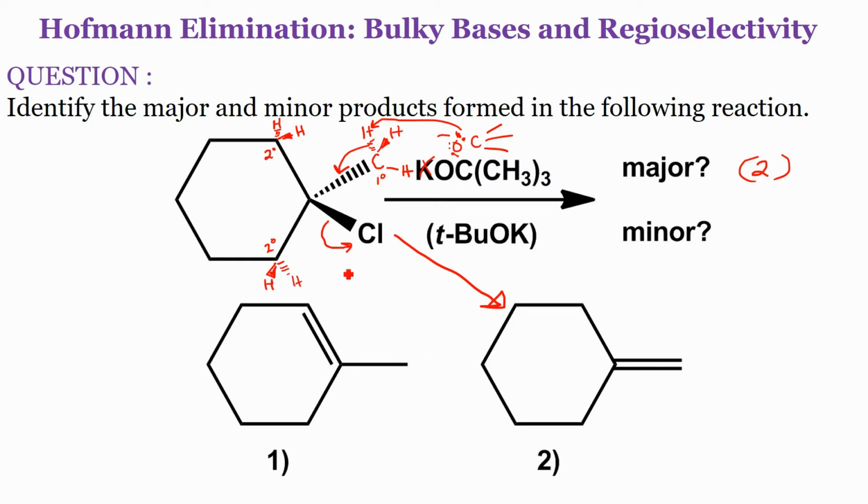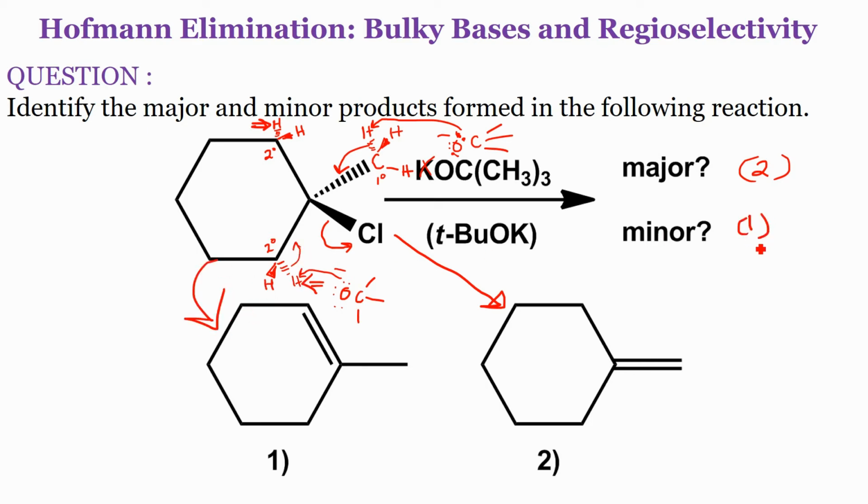You have these hydrogens on the secondary carbon, so it's possible to take those out. If you do that, either you take out this hydrogen, which is anti-coplanar to the leaving group, or take out this. Notice that the molecule is symmetrical. Whichever one you take out, you're going to make this product.